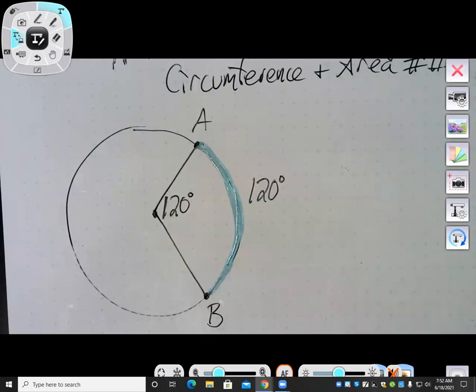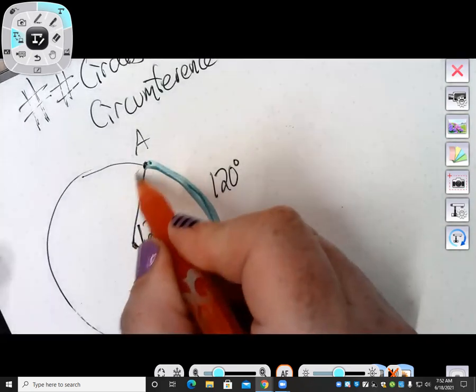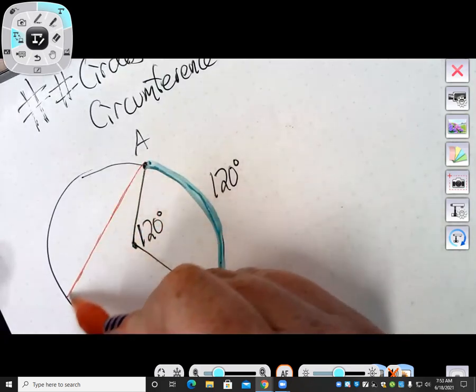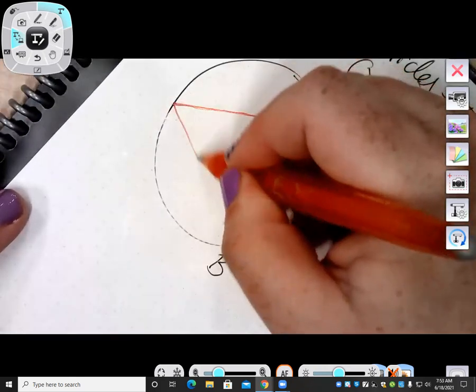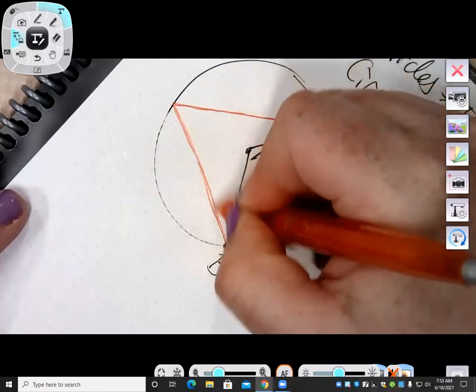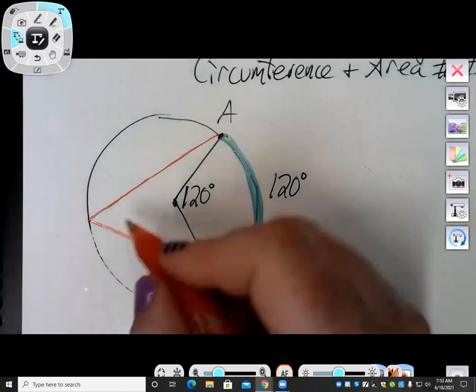Today, we are going to talk about a different type of angle whose vertex is not on the center, but it's on the edge of the circle. So check this out. If I went and I drew this, take a look at this cute little angle I just made right here.